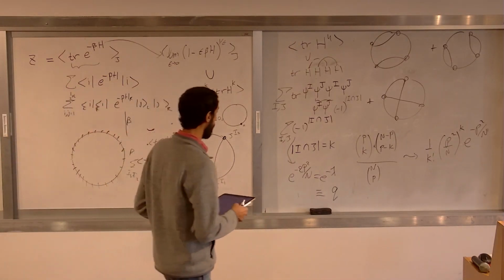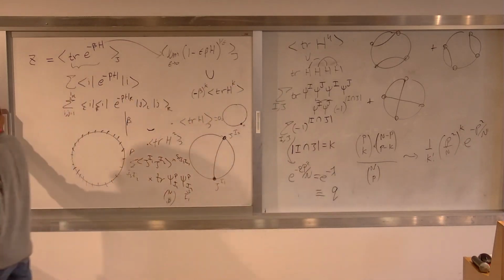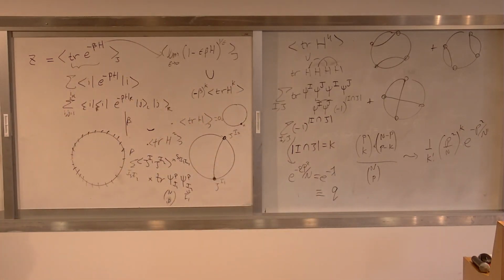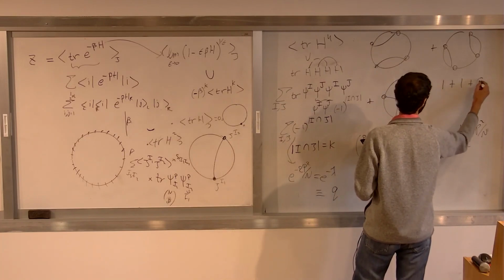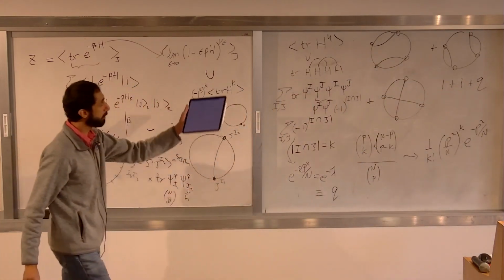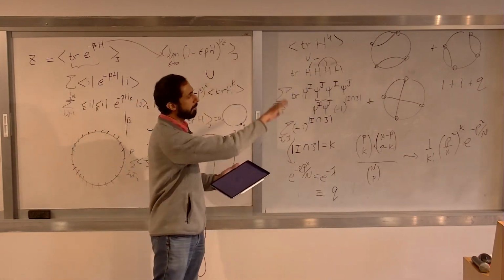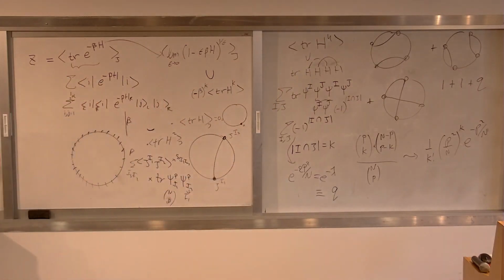Okay. So now we have a general prescription for computing these diagrams, for computing trace h to the k. So over here we have 1 plus 1 plus q. That's the answer to trace h to the 4 times an overall constant, which I'm not going to keep track of.